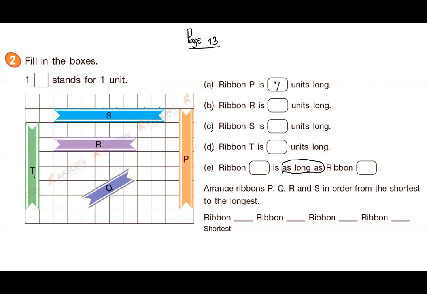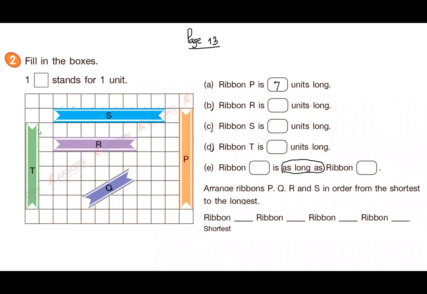Let's see ribbon T and ribbon R. Okay, so let's try to count ribbon T and ribbon R. Ribbon T has how many units? 1, 2, 3, 4, 5, 6.